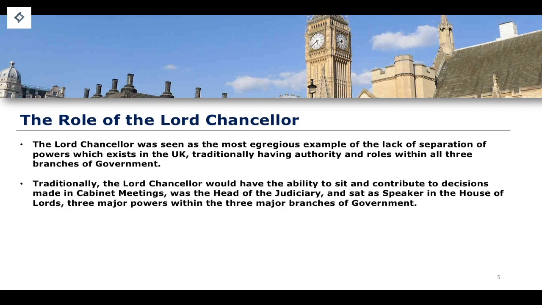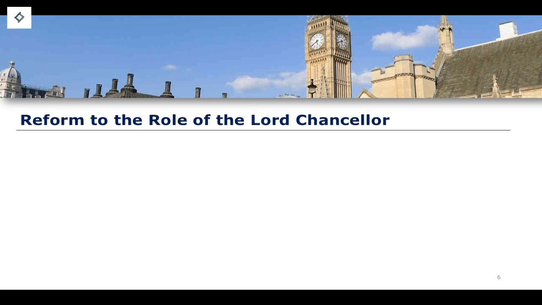Traditionally, the Lord Chancellor would sit and contribute to decisions made in cabinet meetings. They were members of the cabinet, which gives them executive authority. They were also the head of the judiciary, giving them judicial authority, and they also sat as the Speaker in the House of Lords, giving them legislative authority. Three major powers within three major branches of government. And so the role of the Lord Chancellor was seen as the most pertinent example of a fusion of authority between three branches.